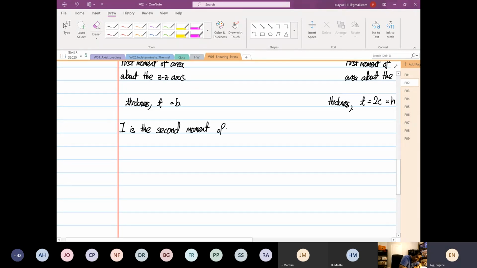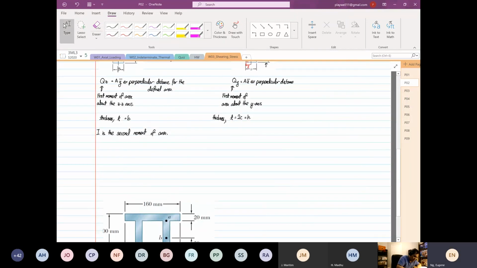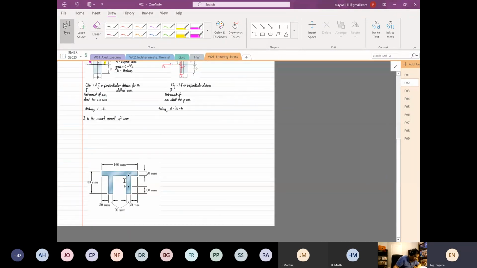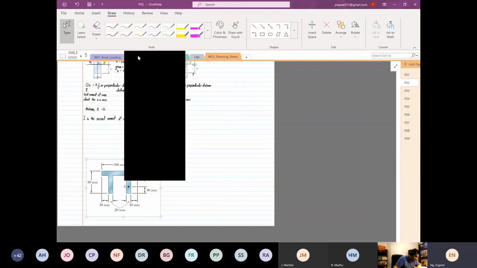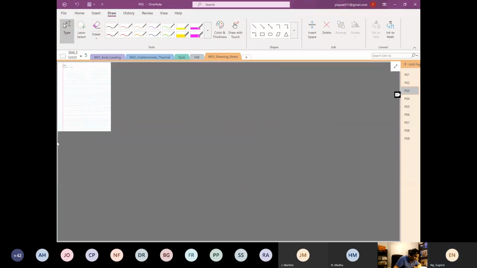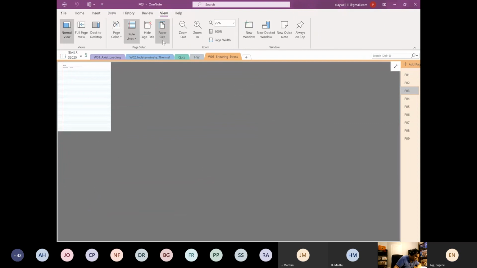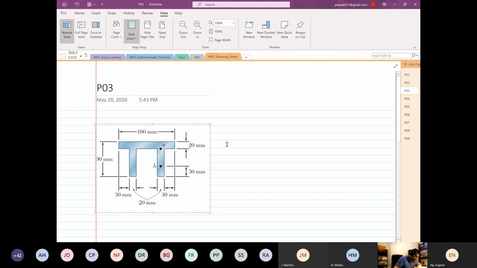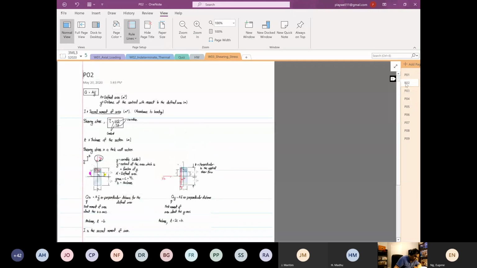Okay, so I'm still going to use the same diagram.